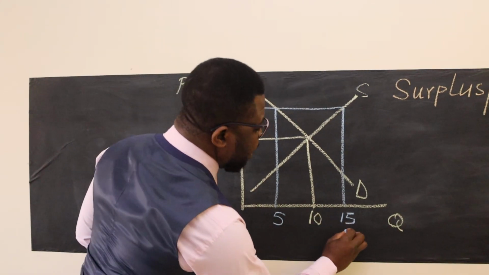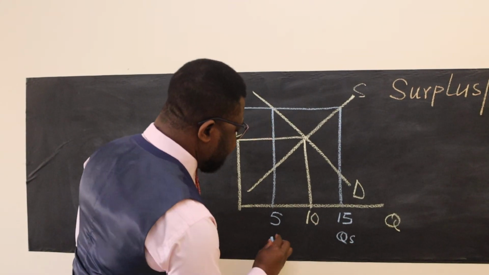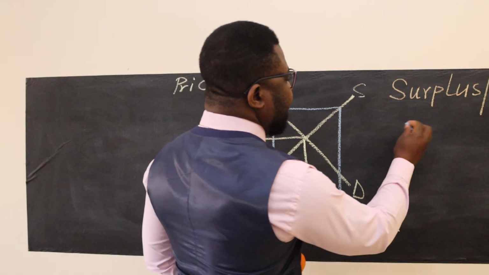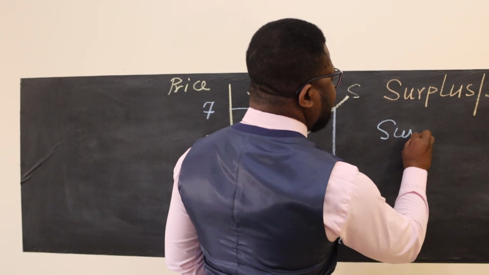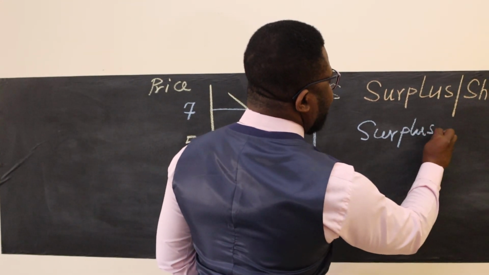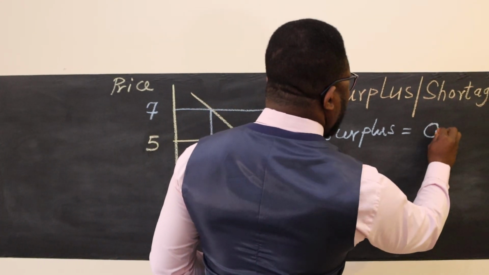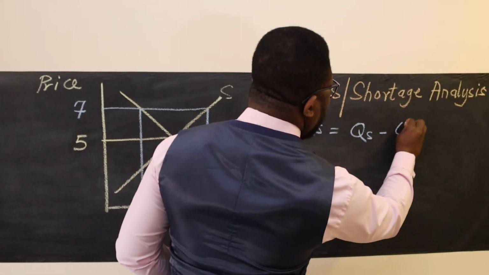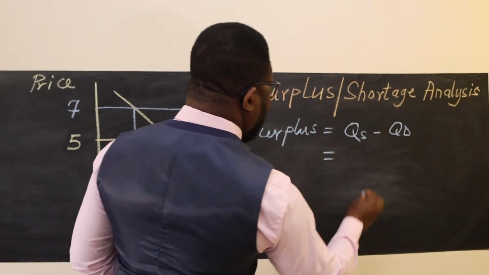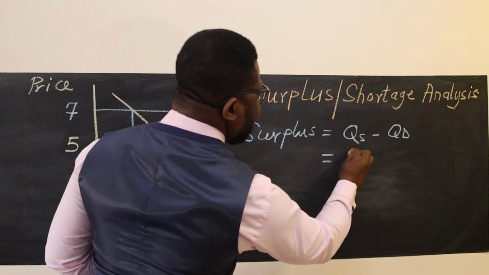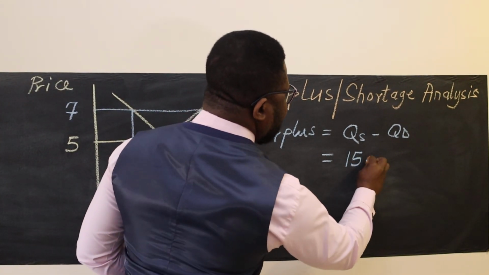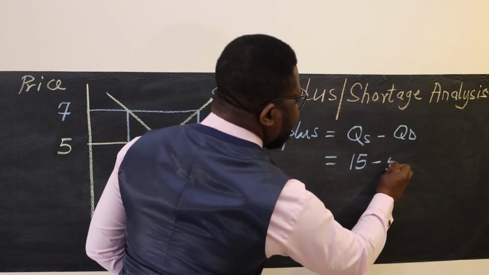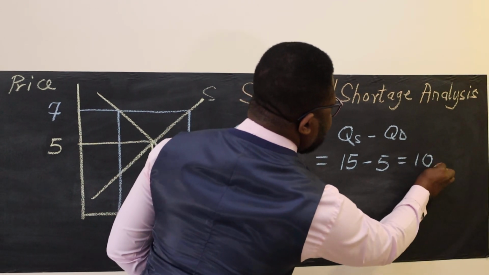So here we have the quantity supplied, QS, and the quantity demanded, QD. So all you do here is your surplus will be equal to quantity supplied, which is 15, minus quantity demanded, which is 5, and so your answer here will be 10.